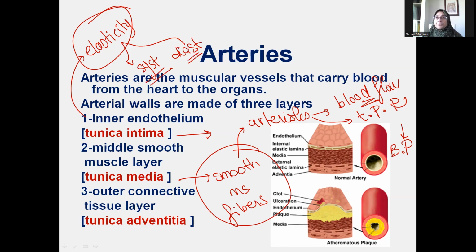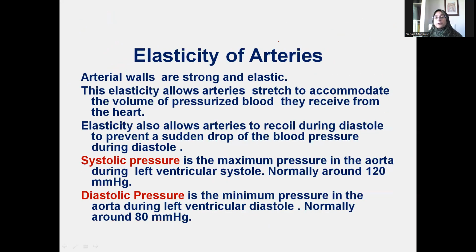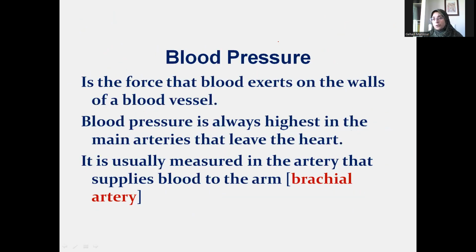So if the artery is inelastic, like during atherosclerosis, for example, then it would not accommodate the blood and would result in hypertension or increase in systolic pressure, especially systolic hypertension, and it would not recoil during diastole, and there will be a diminution of the diastolic blood pressure. Okay, so this is the importance of the elasticity of the arteries.